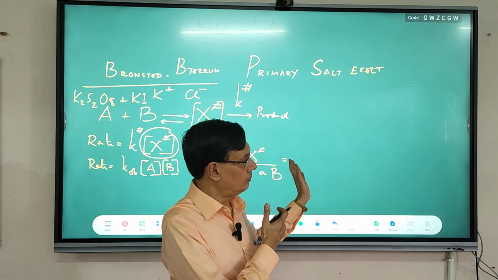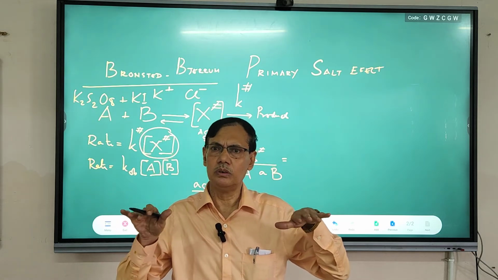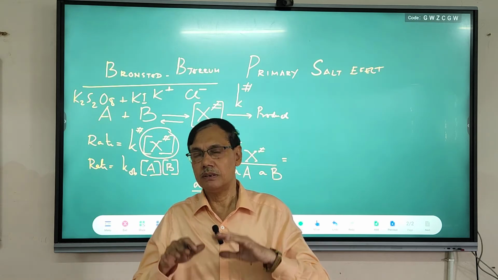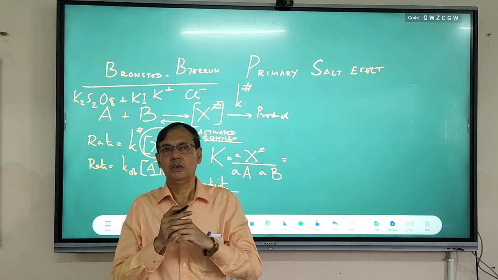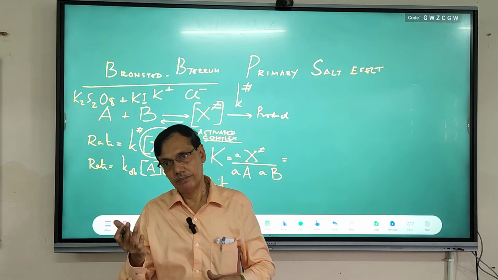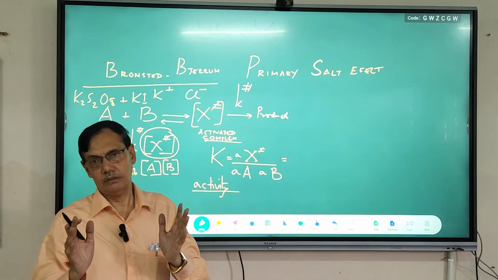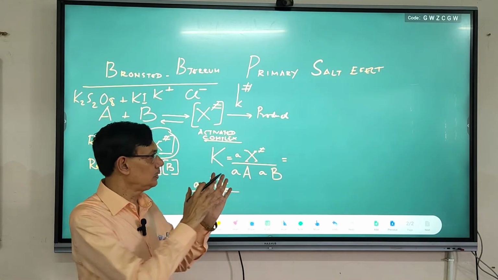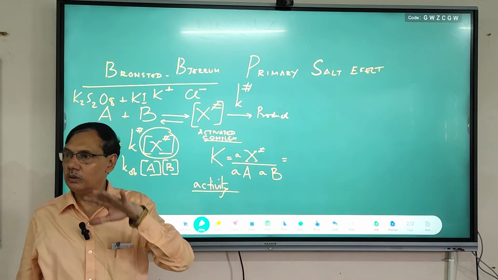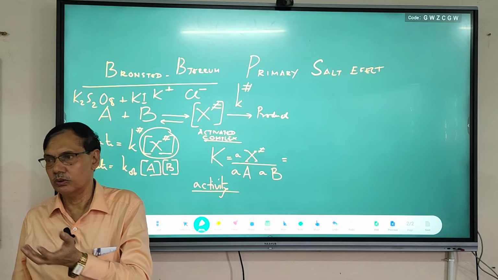So basically, when Bronsted and Bjerrum determined this primary salt effect, they generally considered dilute solutions, because if your KCl solution is of higher concentration, then of course we have to modify that equation. That was done by Macaulay. So there is another equation, Bronsted, Macaulay and Lamar. I will not explain this modification of the Bronsted-Bjerrum equation today. I am considering that the solubility is okay, and it is a dilute electrolyte solution, less than 0.05, 0.04, 0.03, like that.